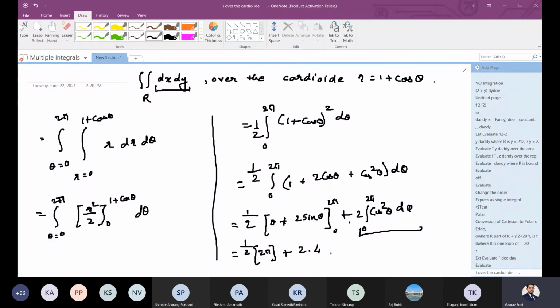So that is 4 times 0 to pi by 2 cos square theta d theta. So this is pi plus 8 integration of cos square theta, pi by 2 to 1, 4 into 2. Right?